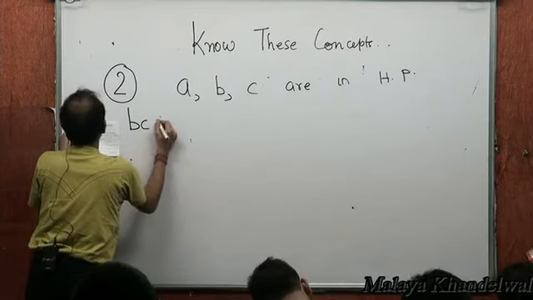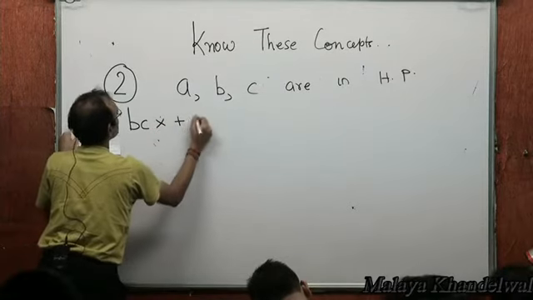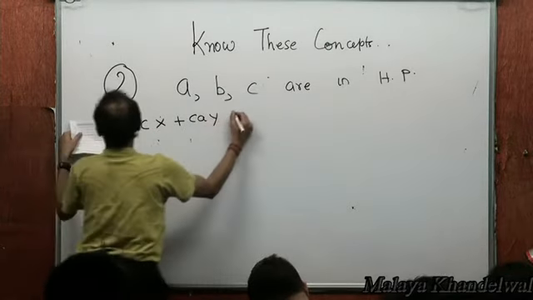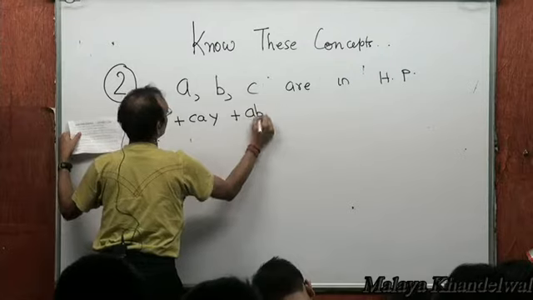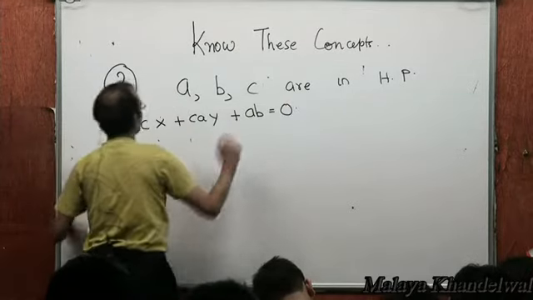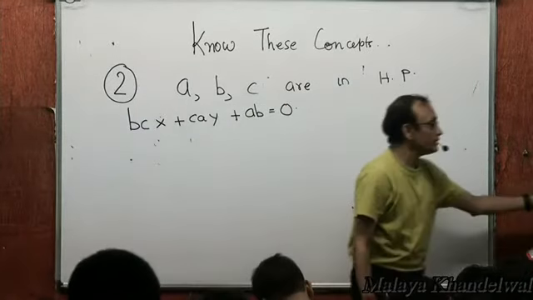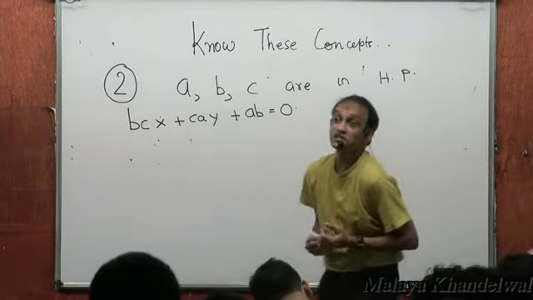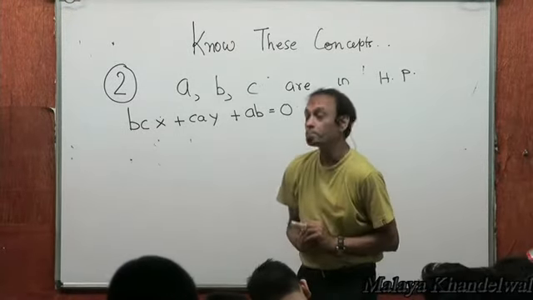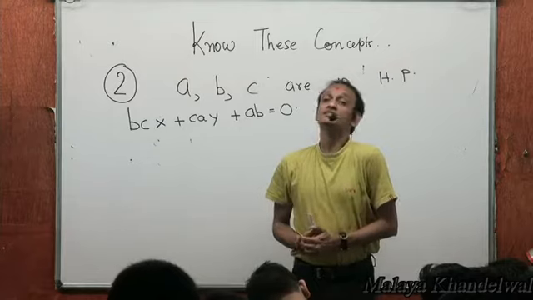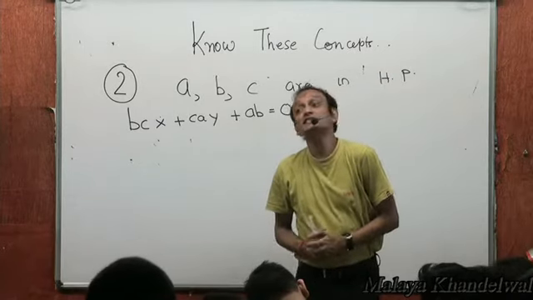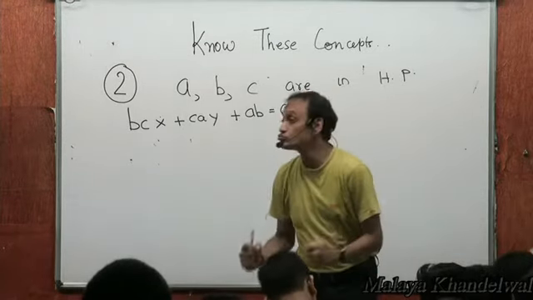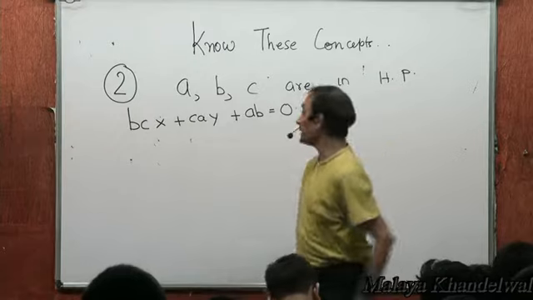The line is BC into X plus CA into Y plus AB equal to 0. What we want to show is that these infinitely many lines are concurrent. They will necessarily pass through a fixed point.